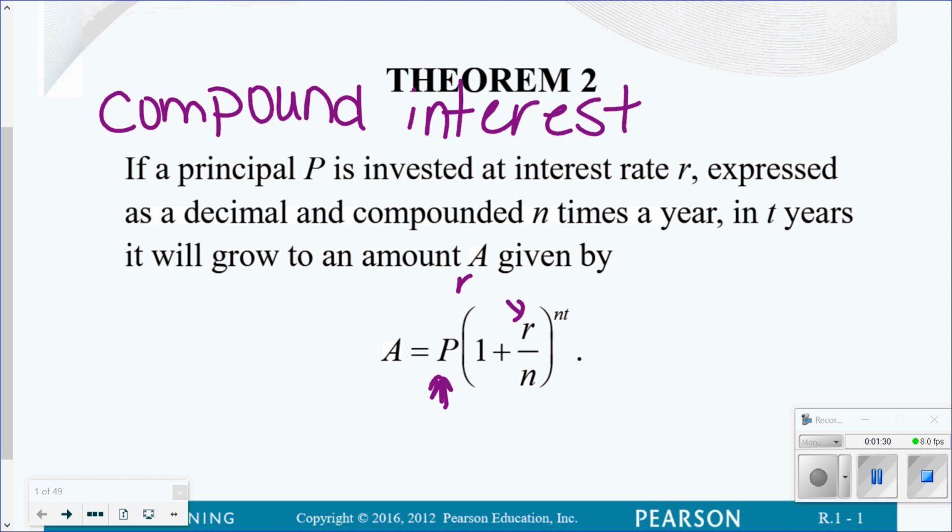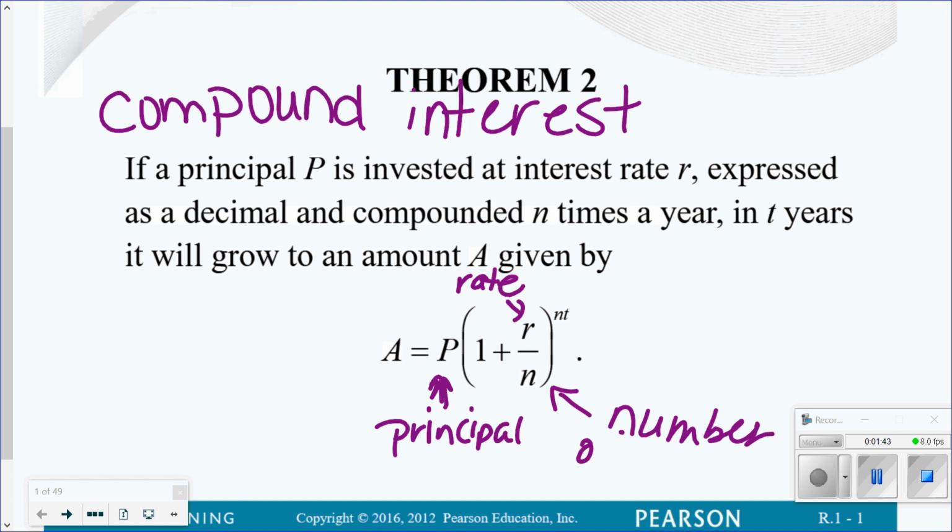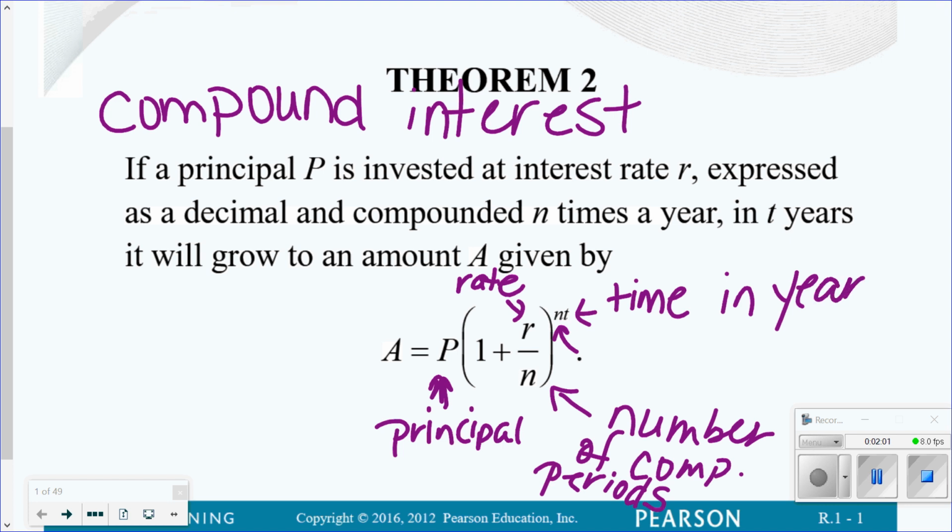R is your rate. N is the number of compounding periods, and you'll notice that N is up here. And then T is time in years.